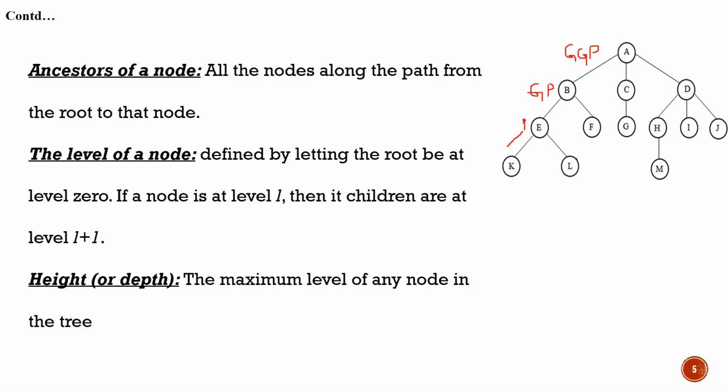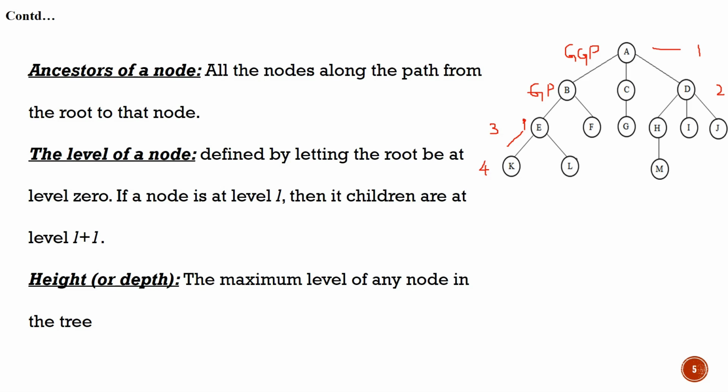Then the level of a node. If I go with the level, A is at level 1, then 2, 3, and 4. We can compare levels with generations, like the generations of computers. Level of a node is defined by letting the root be at level 0.